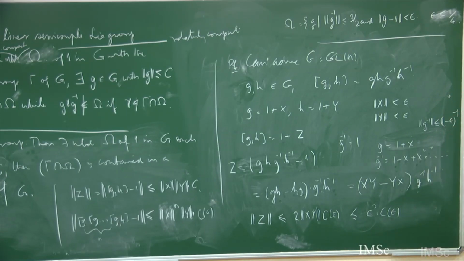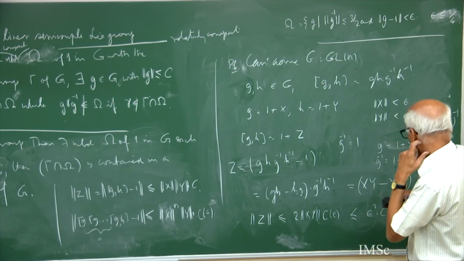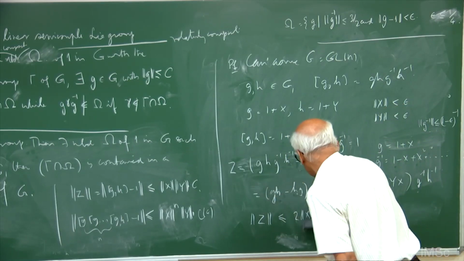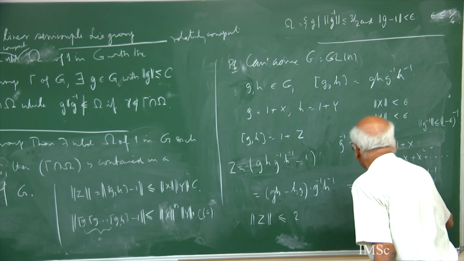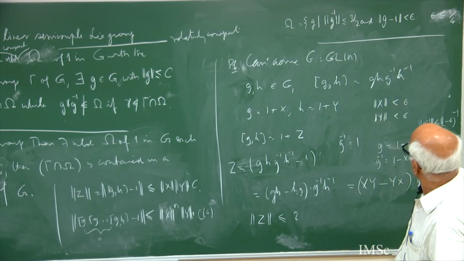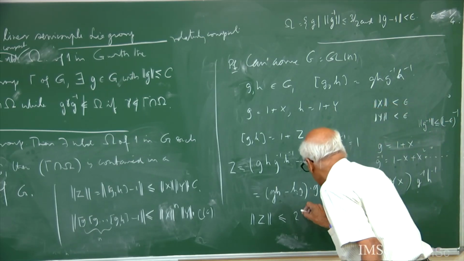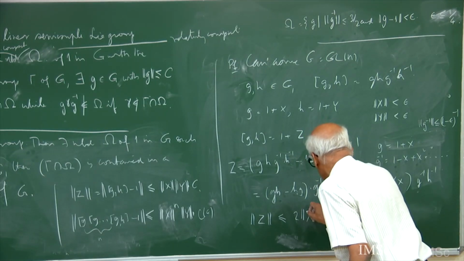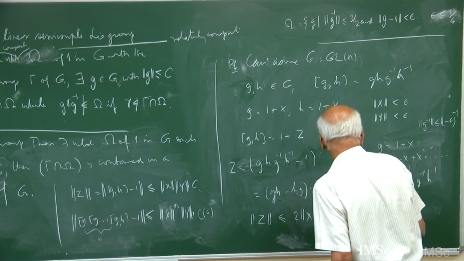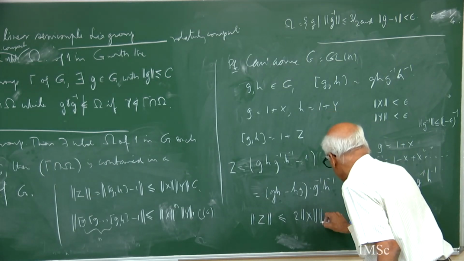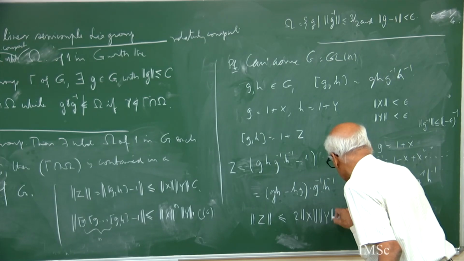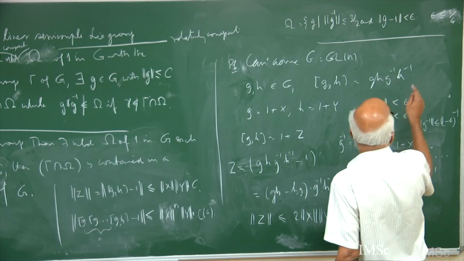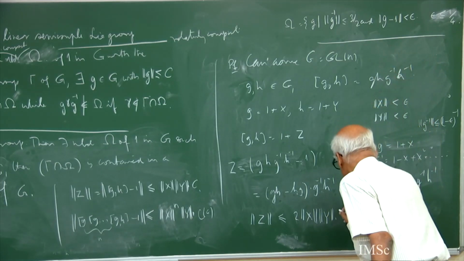If I do that, what do I get here? G inverse I already made 3 by 2. Now I'm going to get twice norm x, norm y times 3 by 2.